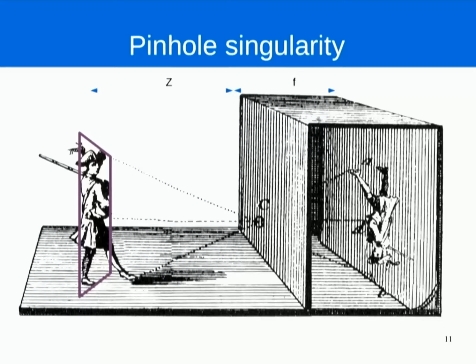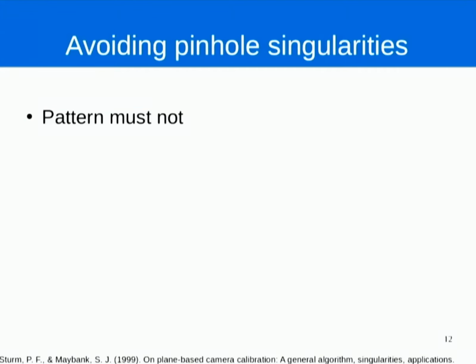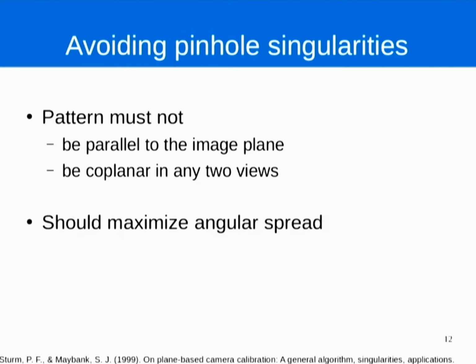This is a so-called singularity, and we want to avoid something like this, and to do so we have observed some rules. First of all, the pattern must not be parallel to the image plane. If we observe this, we have perspective foreshortening, and this can resolve the ambiguity. Also, the pattern must not be coplanar in any two views, because it doesn't add any information. Instead, we should maximize the angular spread.